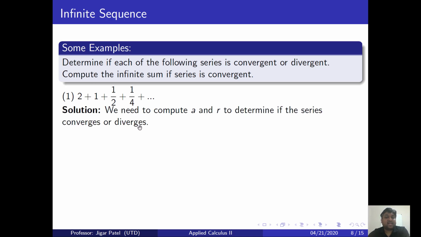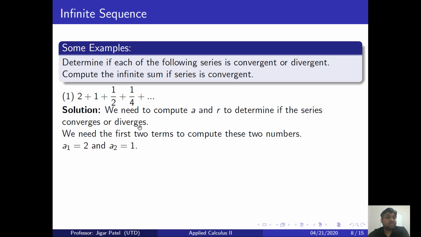Okay, let's calculate A and R. A is 2, R is going to be the second term divided by the first term. I got the first 2 terms: the first term is 2, the second term is 1. A is 2, which is the first term itself, and the common ratio is the second term over the first term.